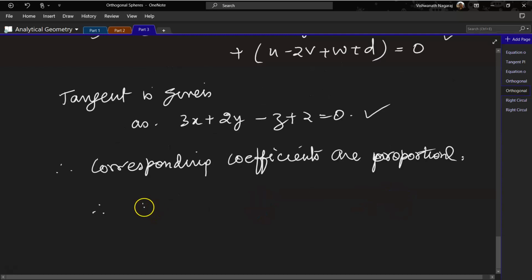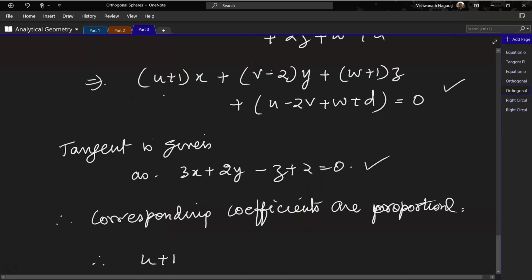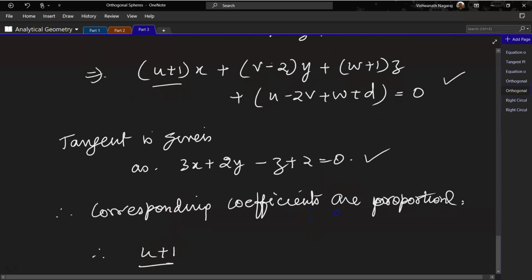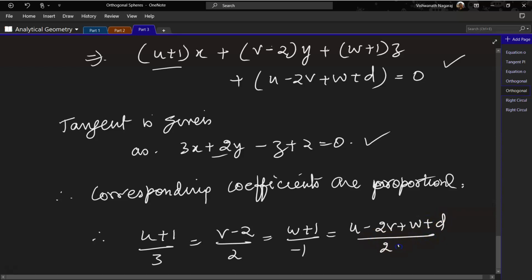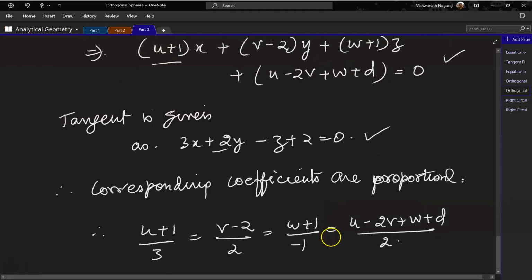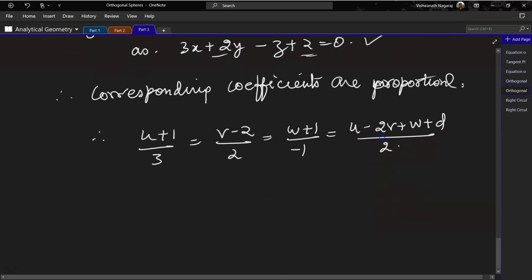Therefore, (u plus 1) by 3 equal to (v minus 2) by 2 is equal to (w plus 1) by minus 1 is equal to (u minus 2v plus w plus d) divided by 2. This 2 is coming from here. Now let us say that this is equal to lambda.